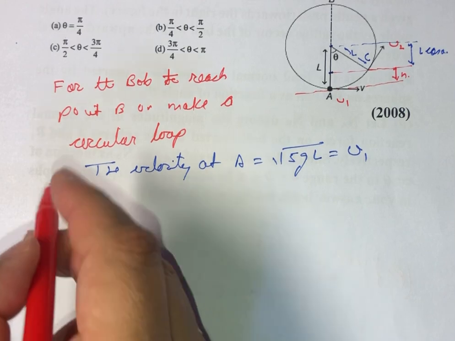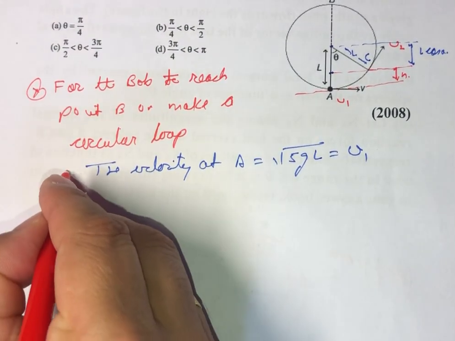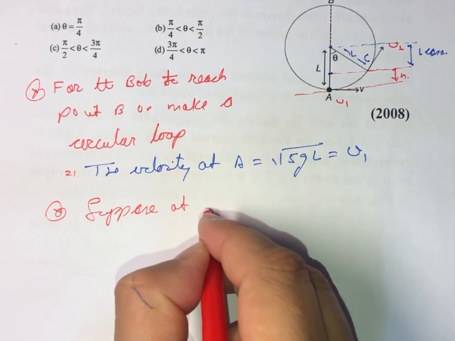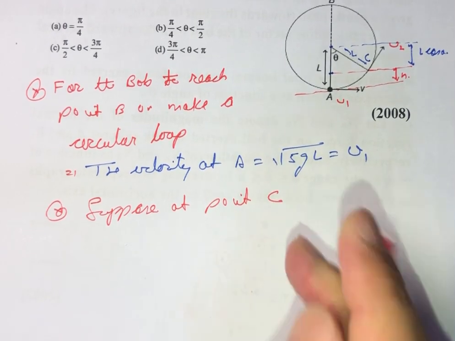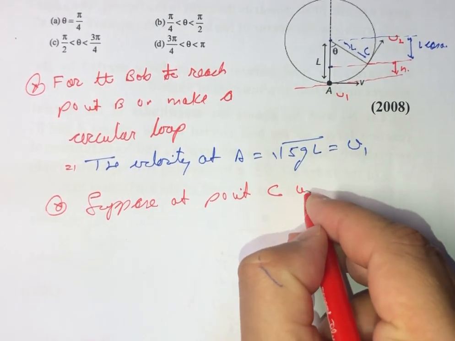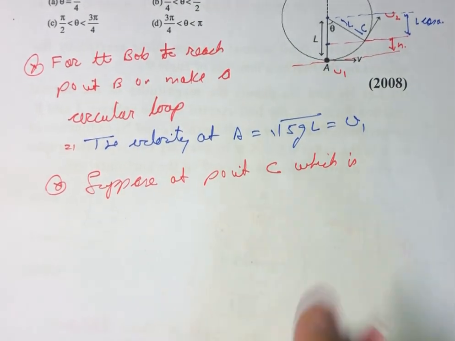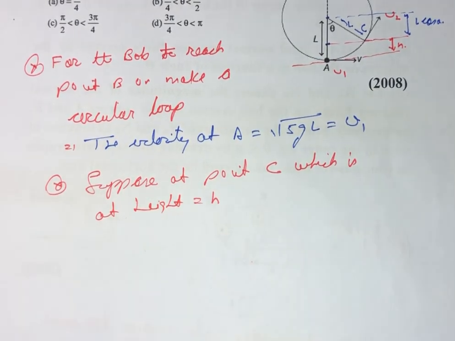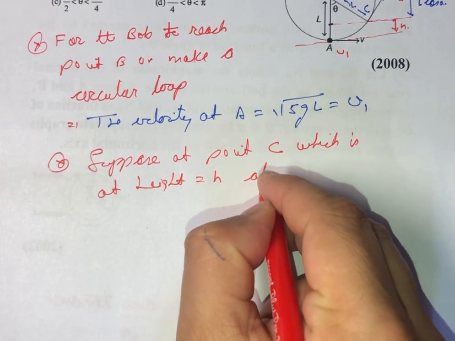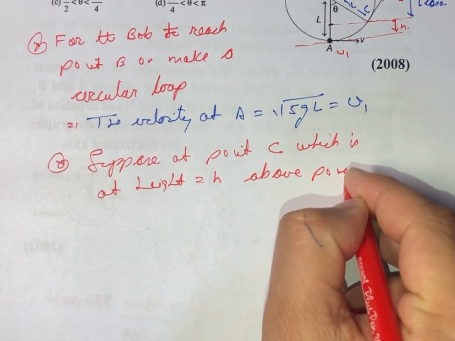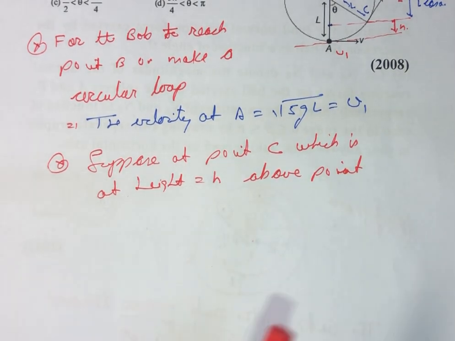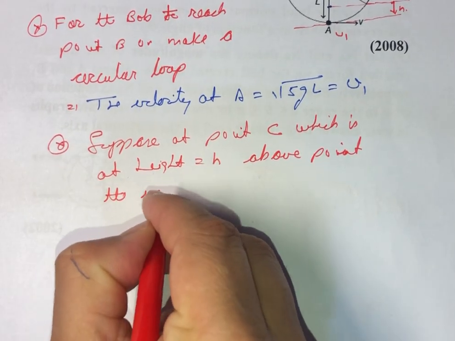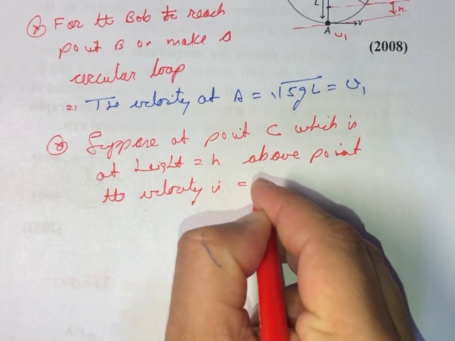Suppose at point C, which is at a height h above point A, the velocity is v2.